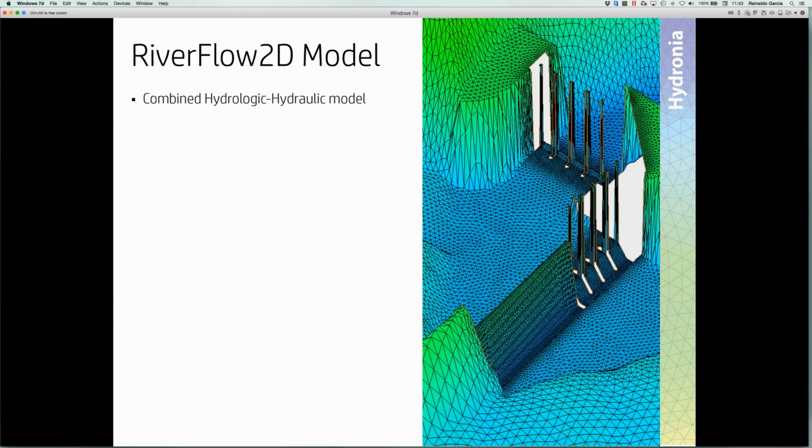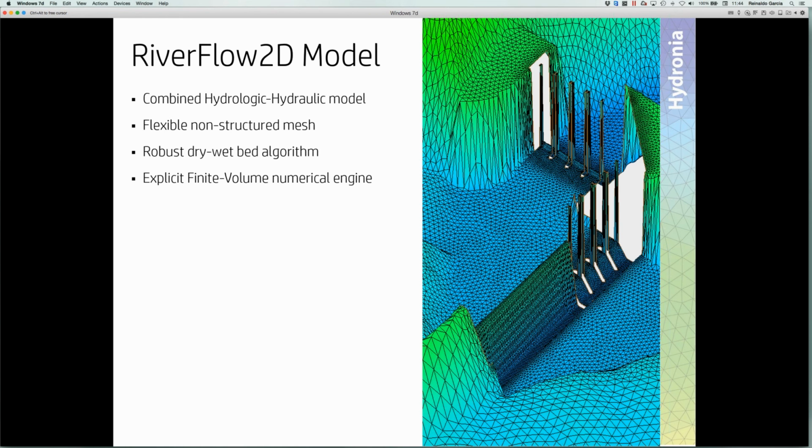Well, let me start by giving you a brief introduction to the three models that I'm going to be using, very brief. First, RiverFlow2D, some of you already know. The RiverFlow2D model is a combined hydrologic and hydraulic model, which uses a flexible non-structured mesh. It does dry and wet areas with an explicit finite volume numerical engine. It does supercritical and subcritical regimes.